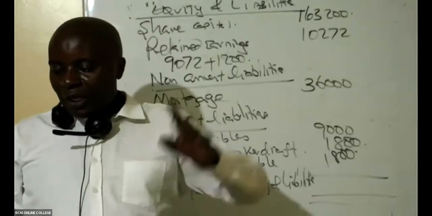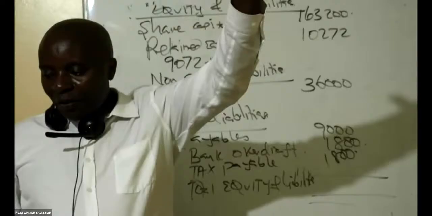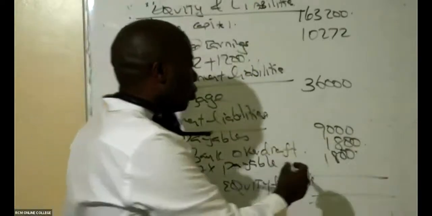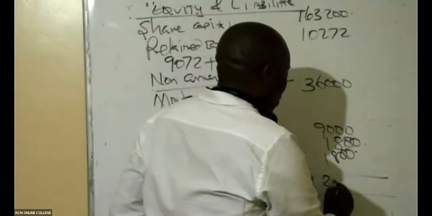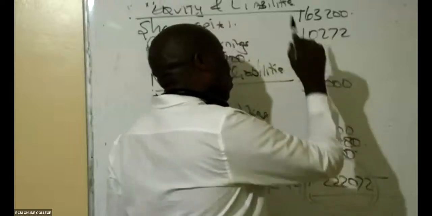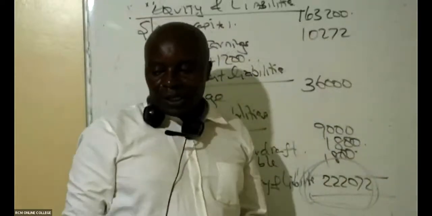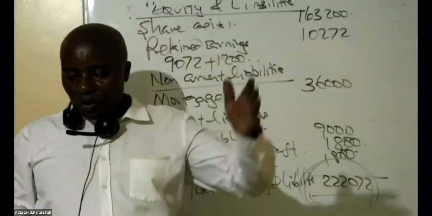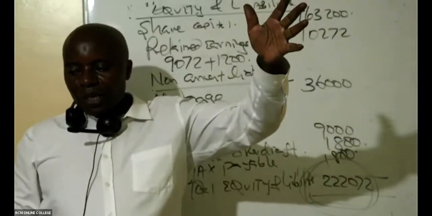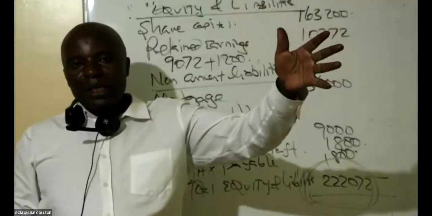So the figure that you gave me, RV is telling me it is 222,070. Is this figure agreeable with our assets? Yeah, it's balancing.